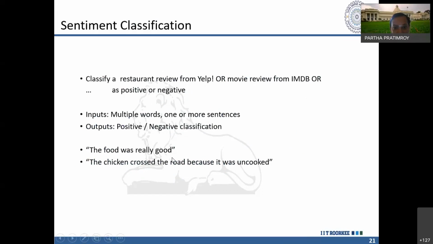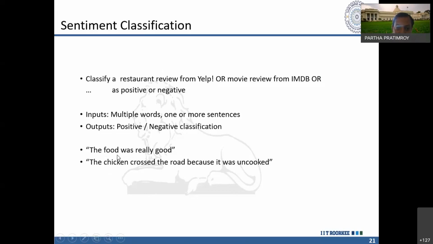So, the food was really good. The chicken crossed the road because it was so... you have been given several sets of sentences. In these sentences you have different numbers of words. For example, here you have 5 words, and here you have 1, 2, 3, 4, 5, 7, 8 words.